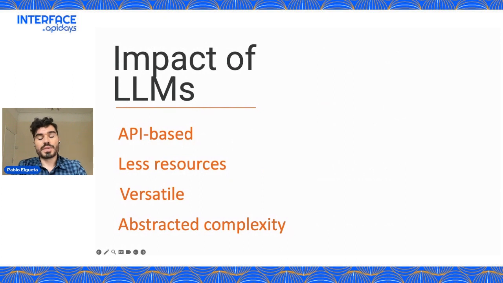So as I was saying, they're very versatile. And finally, we can see that all of the complexity that these models used to have, and that they still have, is now abstracted with LLMs. The way we are accessing them is through an API layer, which abstracts all of the complexity and makes integration into our products way easier.